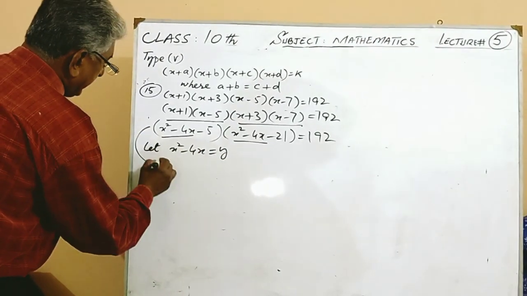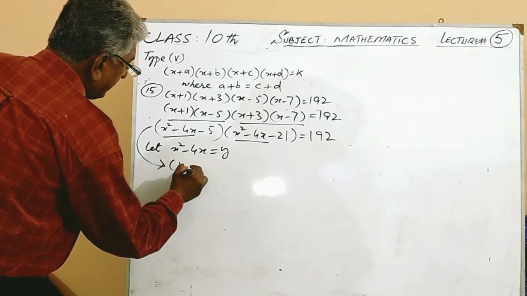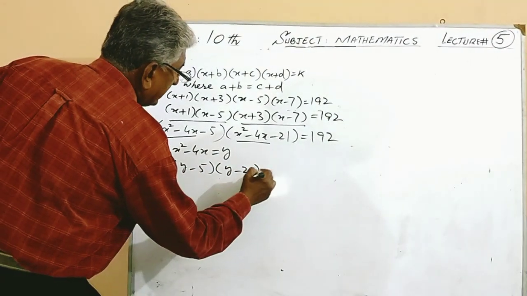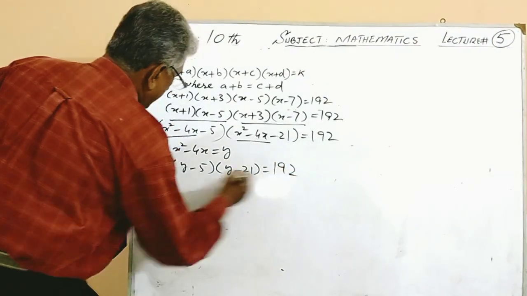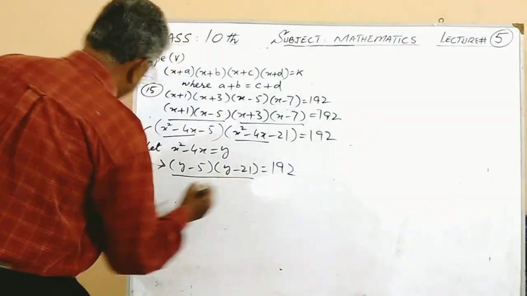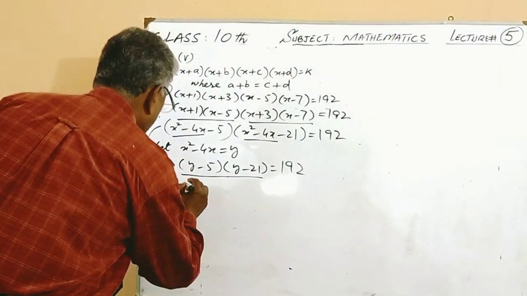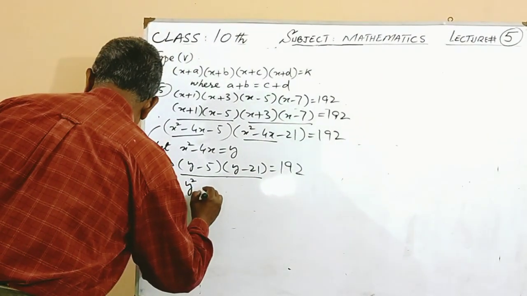So this will become y minus 5, y minus 21, this is 192, and after simplification you will get a quadratic equation just like this one.